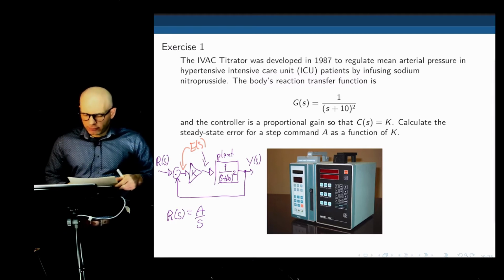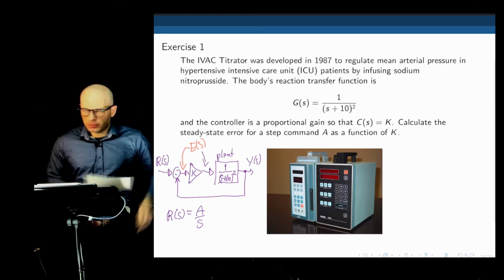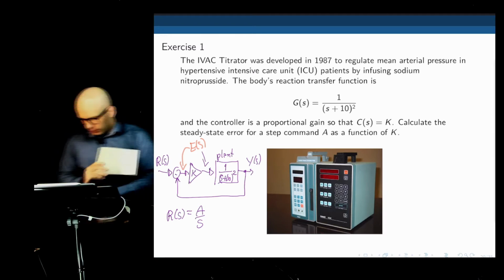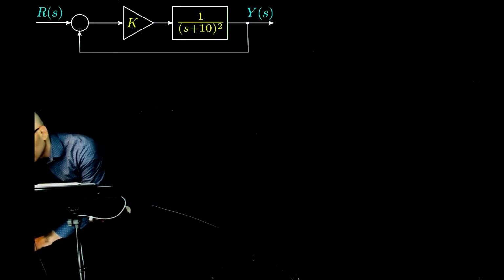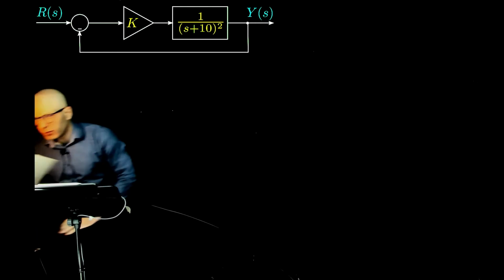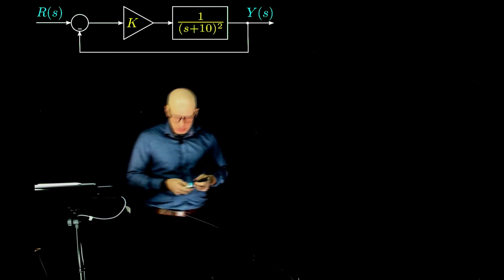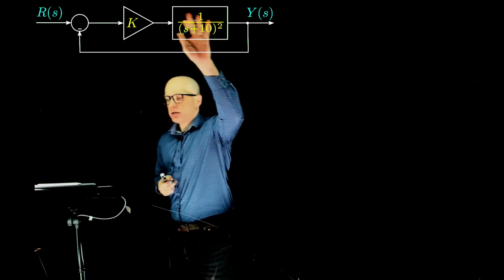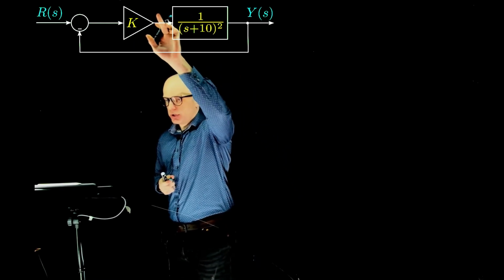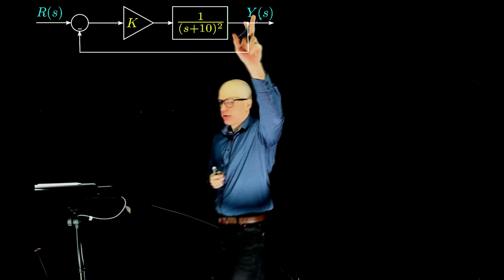Is this control scheme fine? Any questions about that? How that came to be? Let me know if you have more questions about it. Okay, so you want to calculate now the steady state error based on the value of K. Once again, here is the body reacting to the injection of a drug, with this being the variable we are measuring, whatever that is.